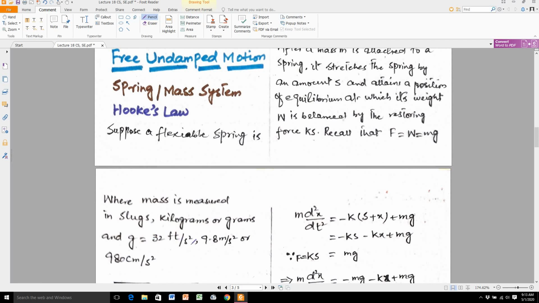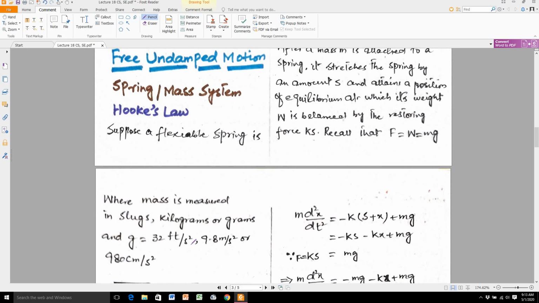Before this, you know that the value of g is equal to 9.8 or 10 meter per second square, and in 1 meter there are approximately 3.25 feet.